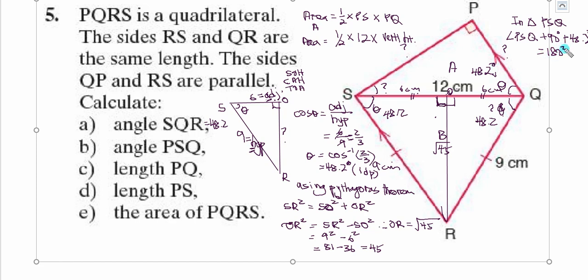Therefore, angle PSQ is equal to 180 minus 90 minus 48.2.